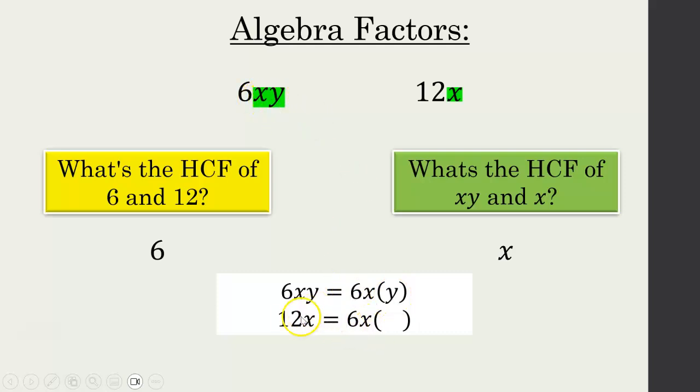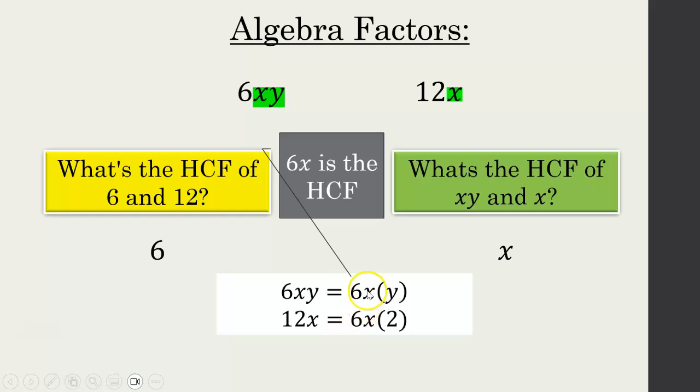And what about the next one? Well, 12x is equal to 6x times something. Well, it would be 2, because 6 by 2 is 12, and then x is just going to be there, so it's going to be 12x. So the highest common factor of 6xy and 12x is going to be 6x.